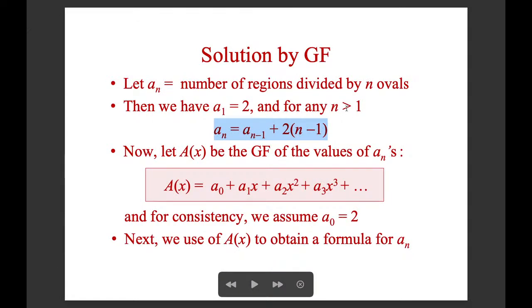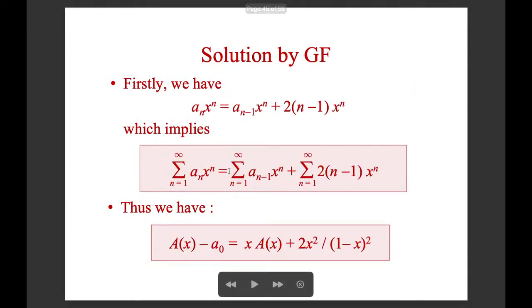Somehow there is a term missing, but the basic idea here is that when we sum up all the terms of a_n x to the power n on the left hand side, we can create something related to A(x). And when we sum up things on the right hand side, we can see that it is also related to A(x). It is simply x times A(x).